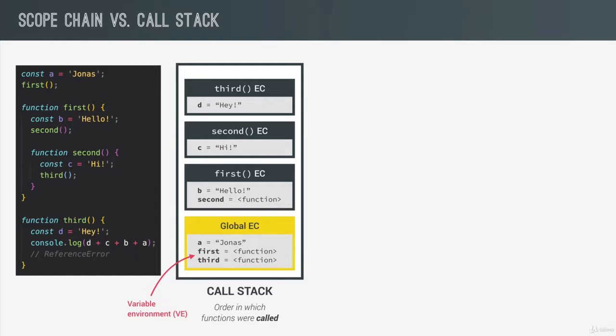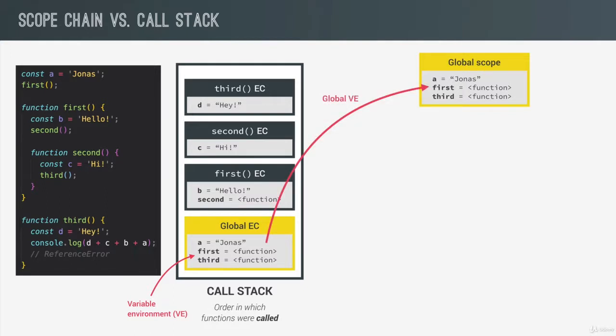Okay, and now that you did that, and we have all these variable environments in place, we can actually start building the scope chain.